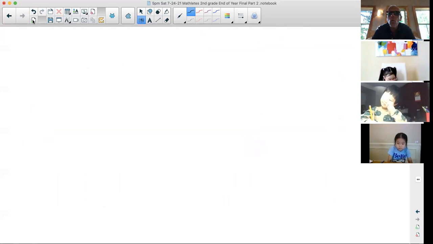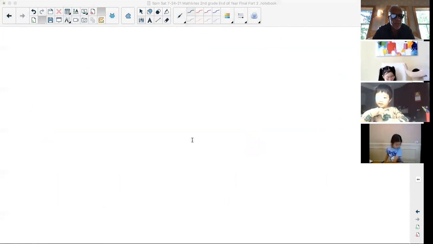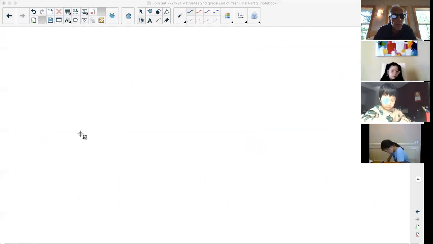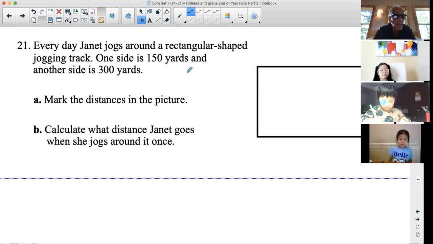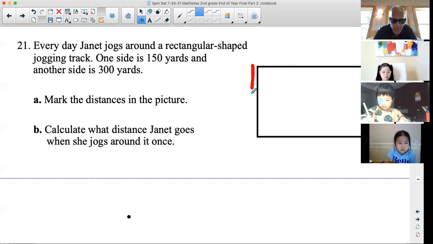Now, we're going to do our next challenge, and it has to do with jogging. Every day, Janet jogs around a rectangular shaped jogging track. One side is 150 yards.